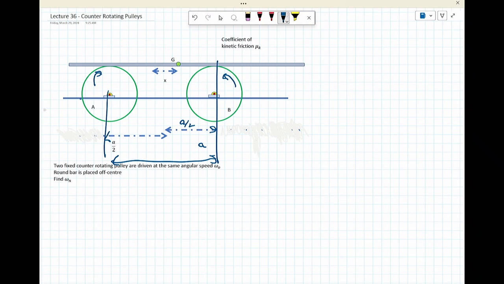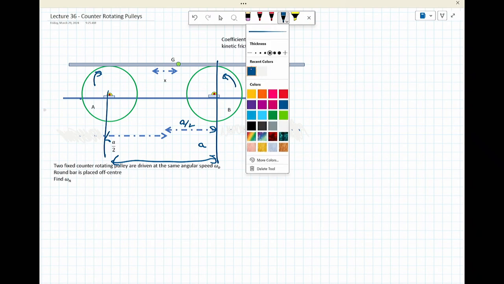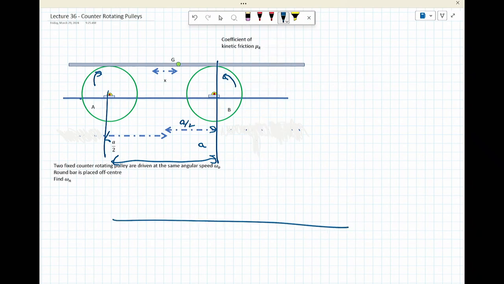And so it might be easier for me to put a bar and start putting some forces down. So I have B here, I have NB, I have a rotation that's occurring, normal, mu k NA, and mg.